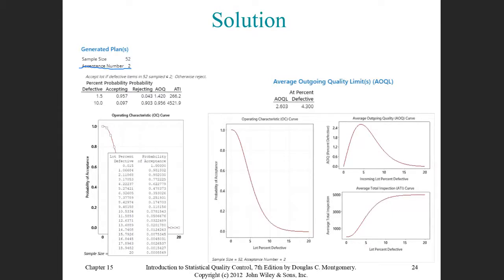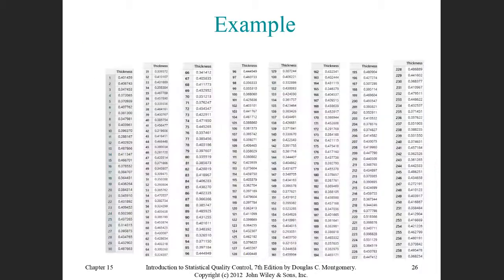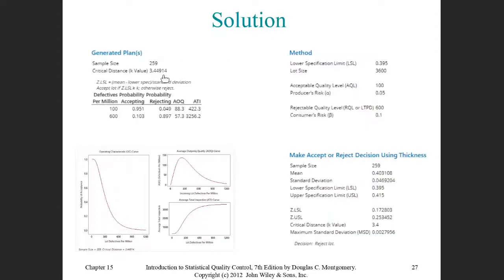Here we don't have this acceptance number. We have something called the critical distance, or the K value. The K value is found to be 3.449. How do we get that? Basically, we get this value as we did previously using acceptance sampling, but it will be by variables.